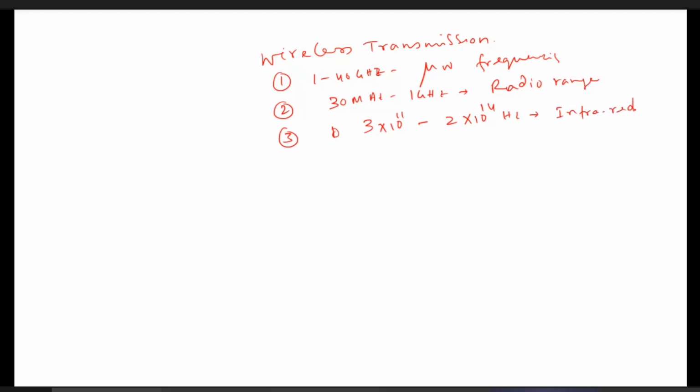A little bit we'll see what kinds of propagation there are, say ground wave propagation, sky wave propagation, line of sight, and their transmission characteristics. An antenna factor will obviously be there in these cases, and in the case of infrared, a transceiver will be there. Next time we'll see it.